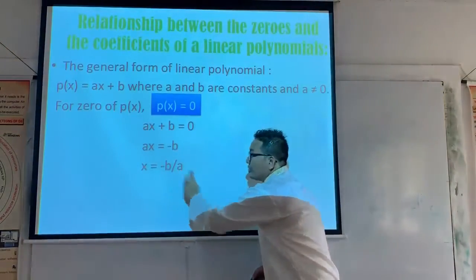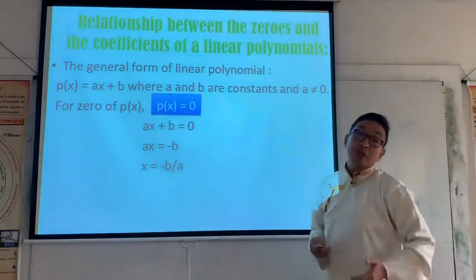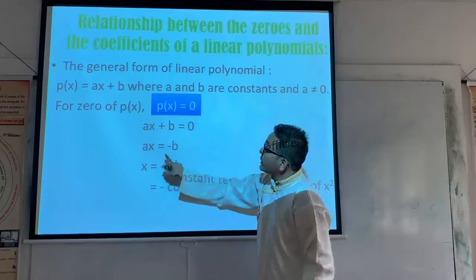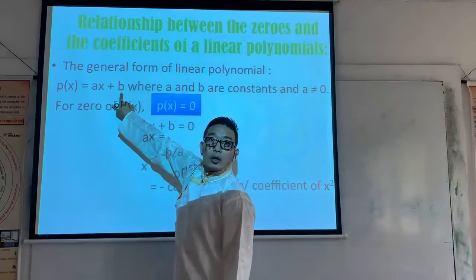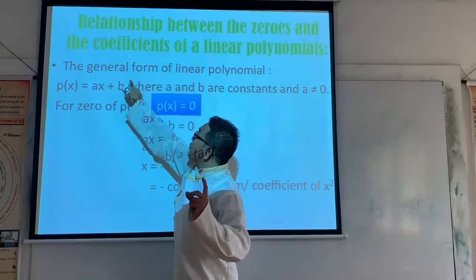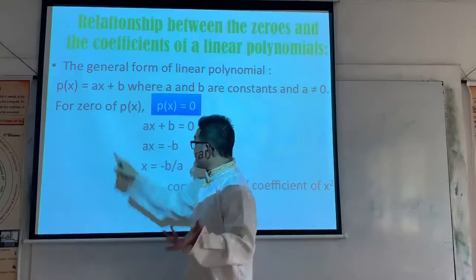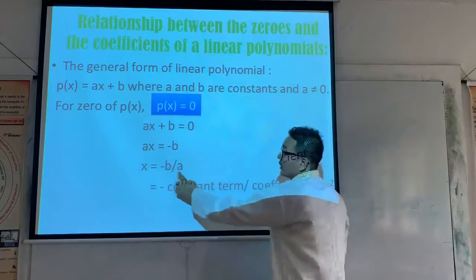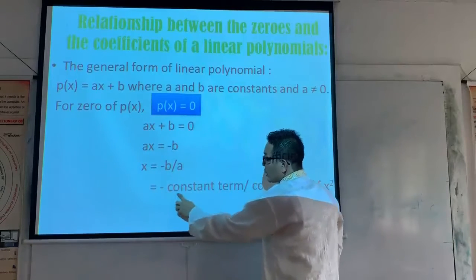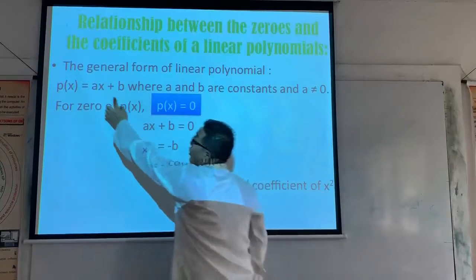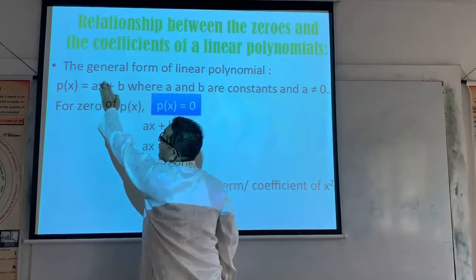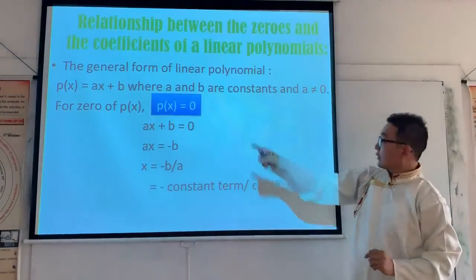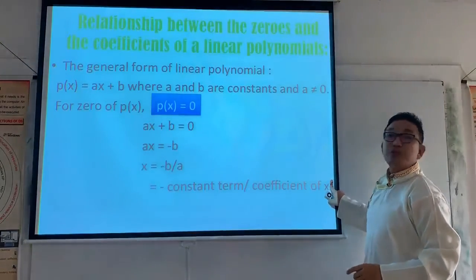Here b is the constant term, x raised to power 0 being the variable part. So in the general form, the zero is negative constant term divided by a, the coefficient of x.